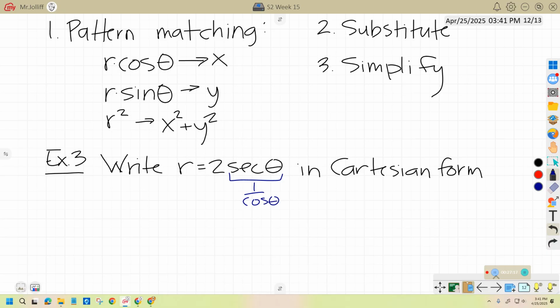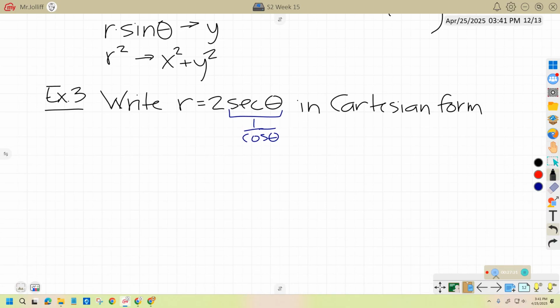So let's make that replacement. Let's do that substitution and see if that helps us. So we get r equals 2 over cos theta. Replace secant with 1 over cos. So 2 over cos theta. Ooh, I don't like things in fractions.